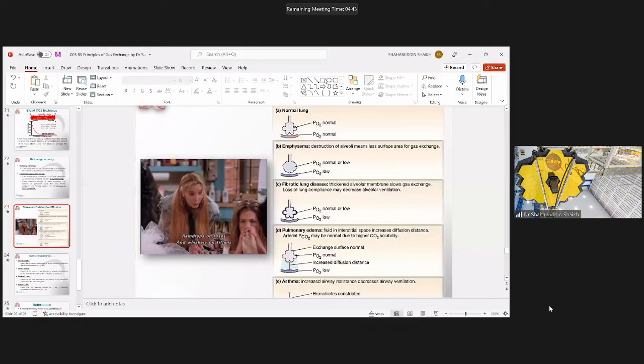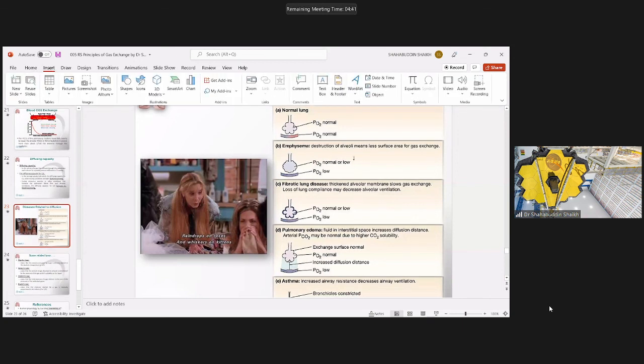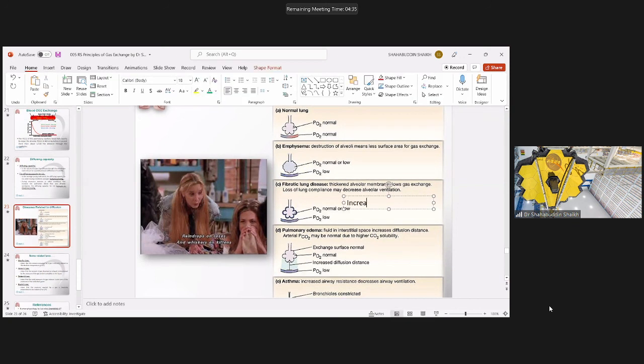Where is the text box? Okay, here. So here what is happening is increased membrane thickness. Therefore, diffusion decreases.